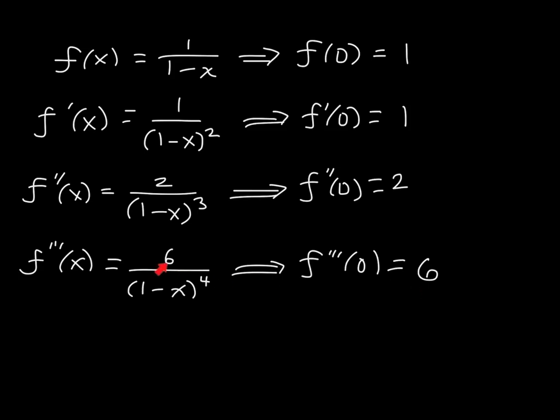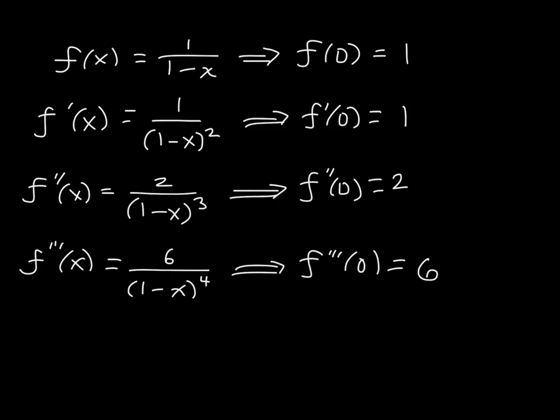Notice this number matches that number. Notice this number matches that one. Also notice that 6 is the third derivative, so 6 is equal to 3 factorial. 2 is equal to 2 factorial. Just something to think about.